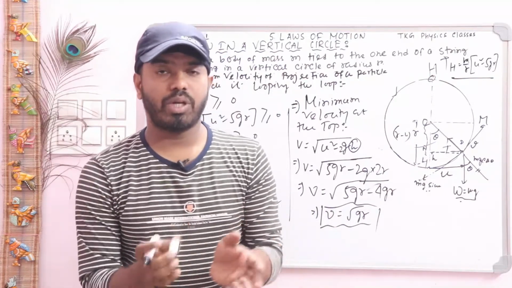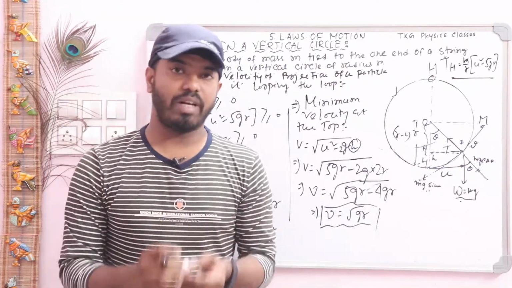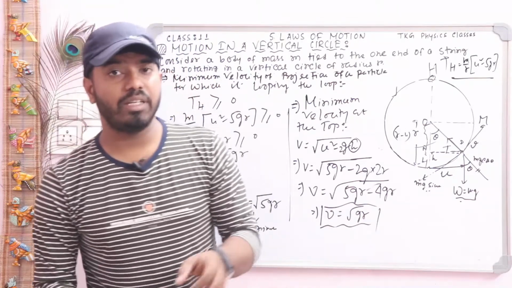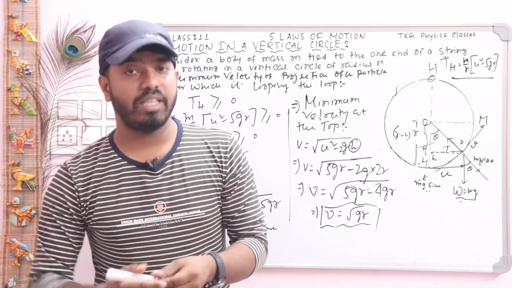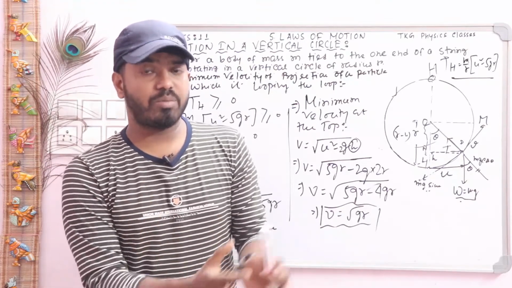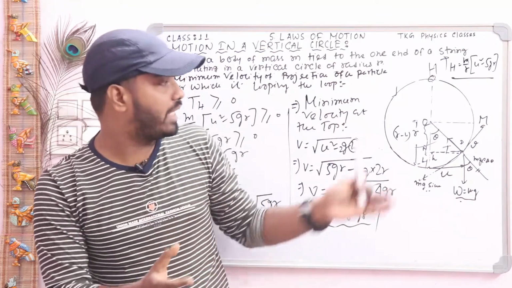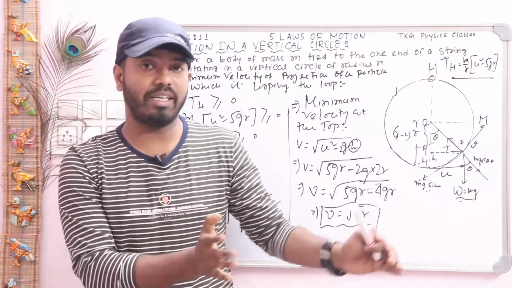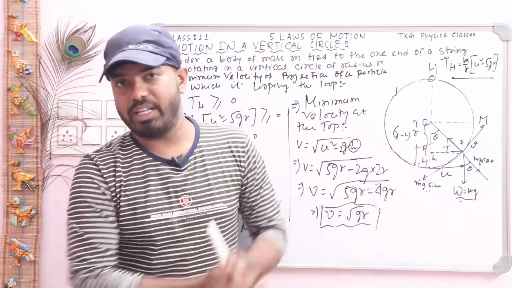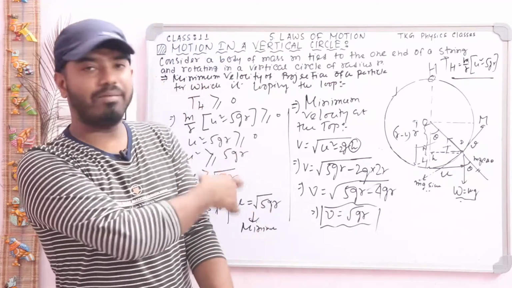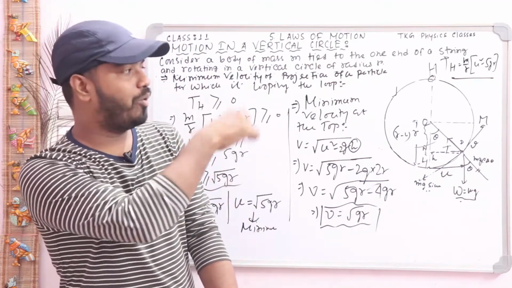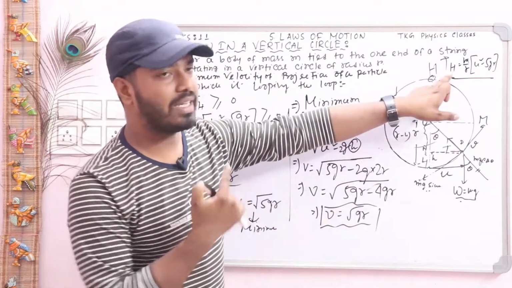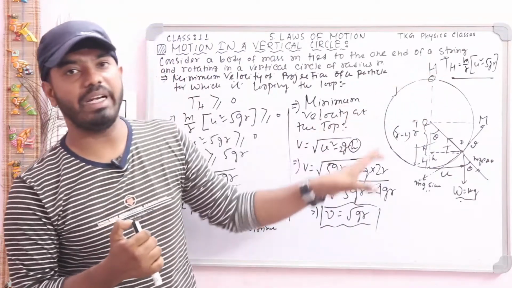So what we already completed: at first we found the initial velocity and the velocity at any point. Then we found the tension in the string, at the lowest point and at the highest point. We found that the difference of tension at the lowest and highest points is exactly equal to 6 times the weight of the particle. Then we derived the minimum velocity for which the body completes the looping the loop, and the condition that the tension at the highest point must be greater than or equal to 0; equal to 0 is the limiting case.